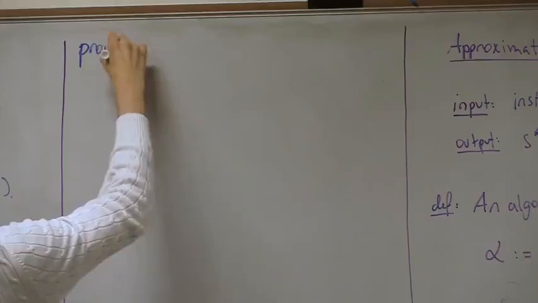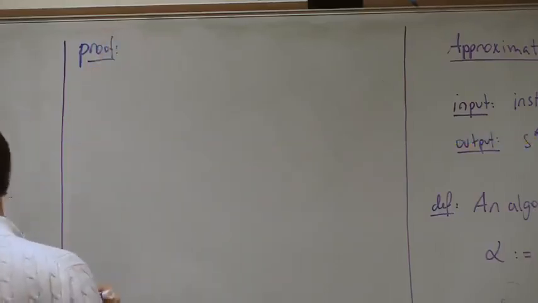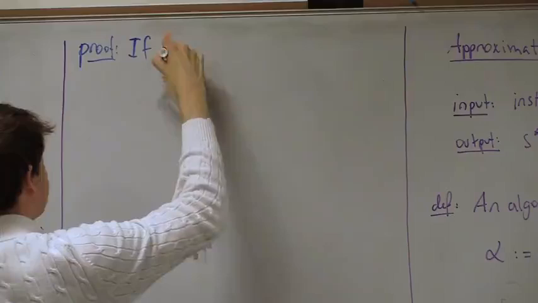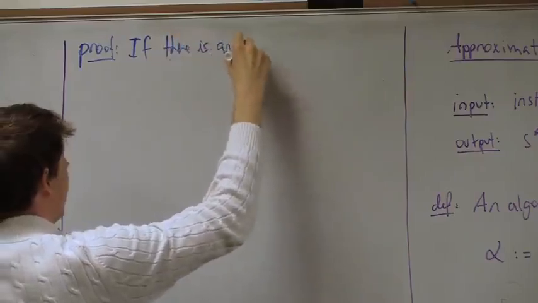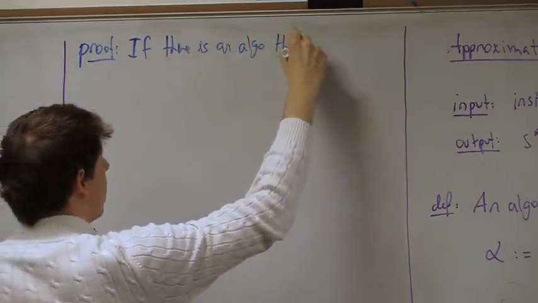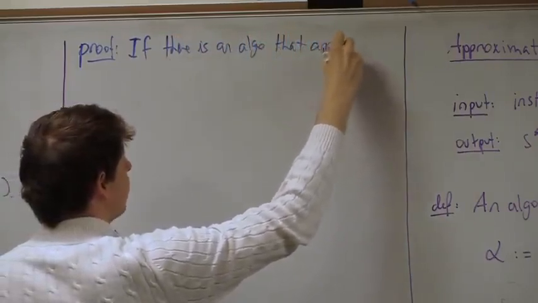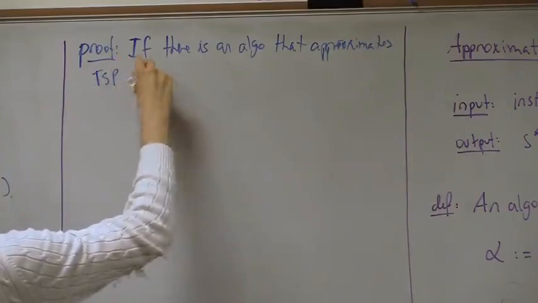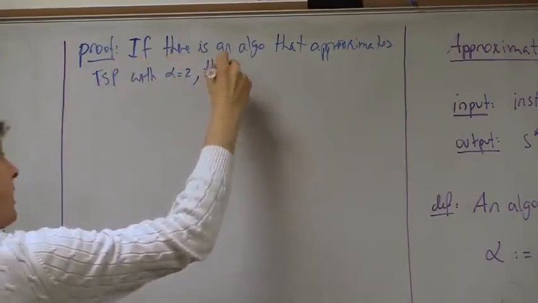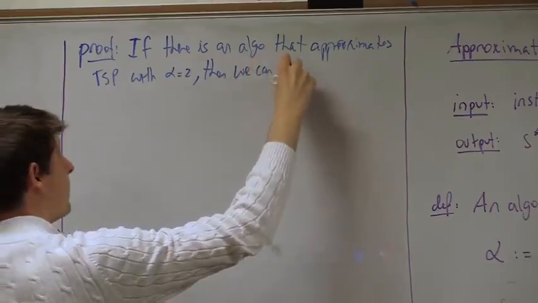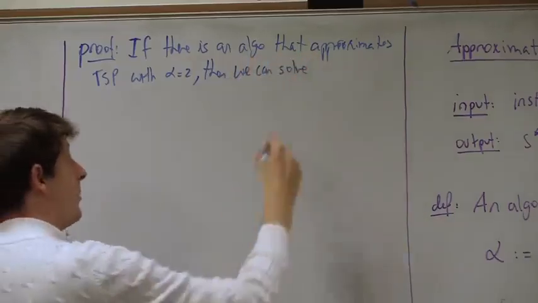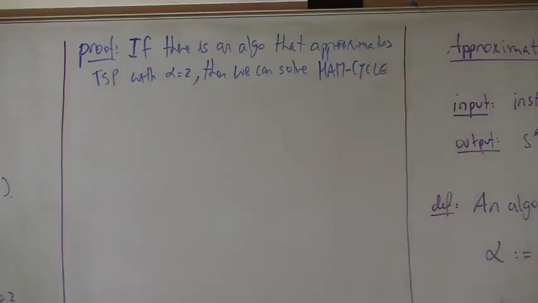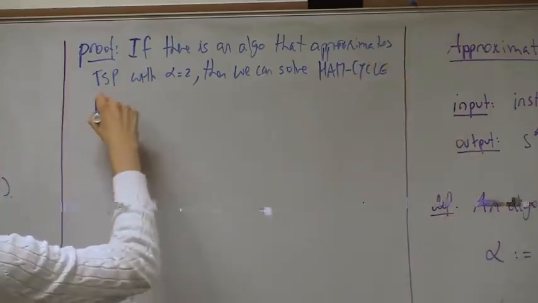So the proof: we're going to show that if there is an algorithm that approximates TSP with alpha equals 2, then we can solve an NP-complete problem, Ham cycle, which we saw last time, exactly.